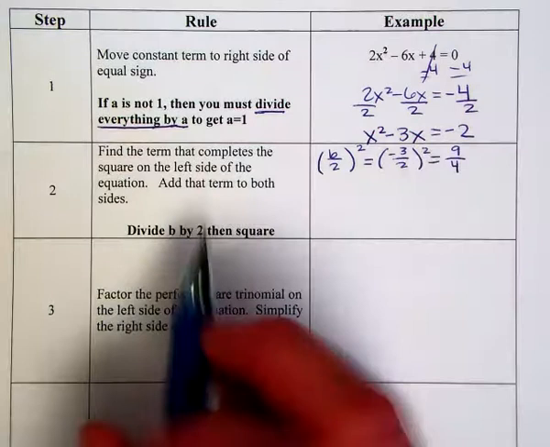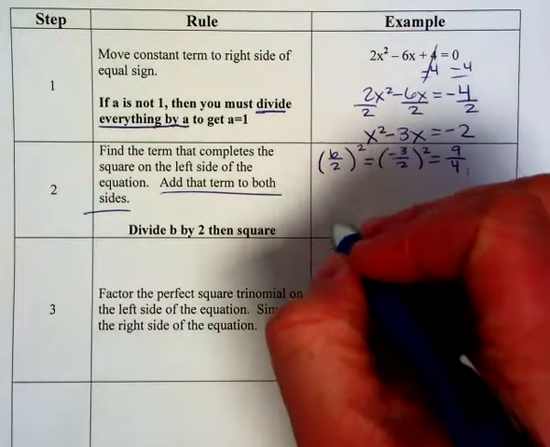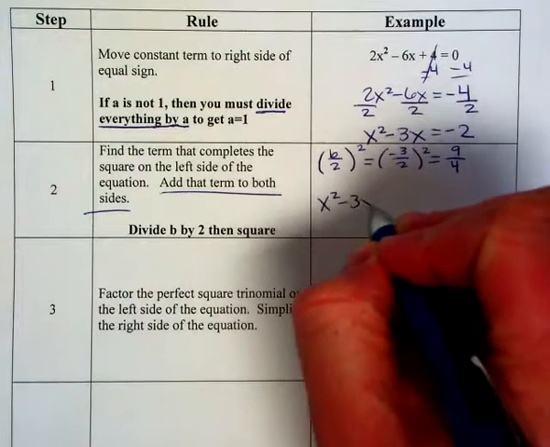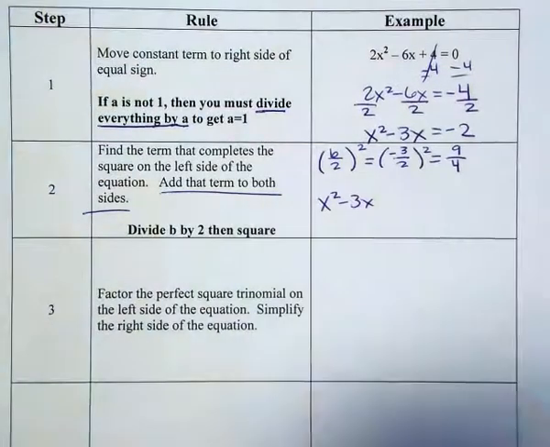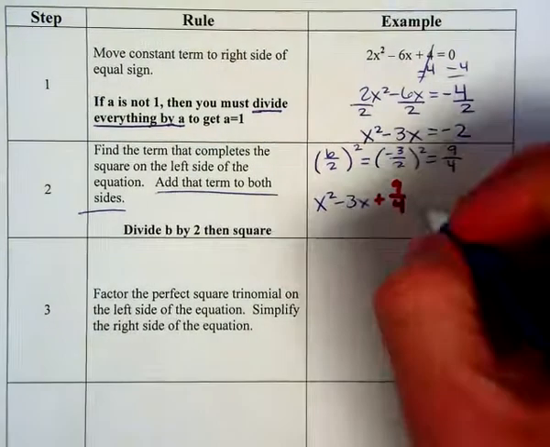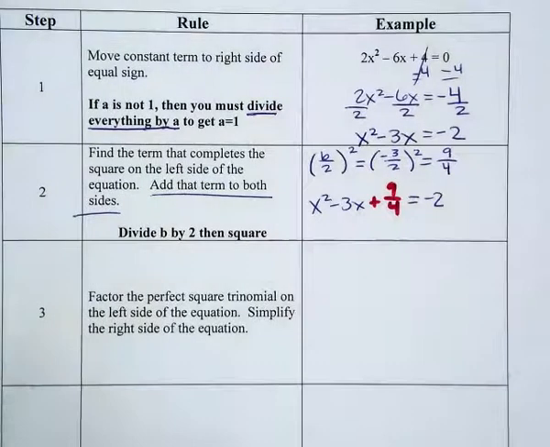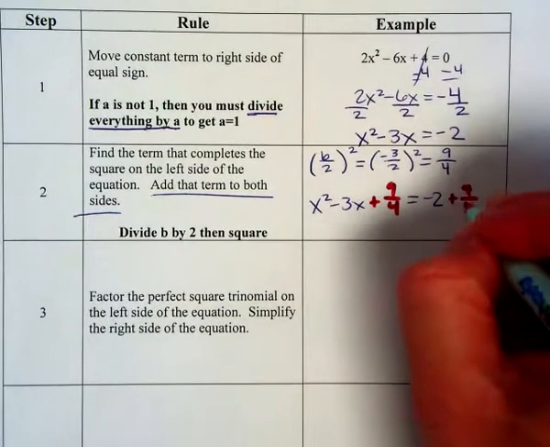First of all, let's do this. Add that term to both sides. So we had our equation up here, x squared minus 3x, but now we have to add 9/4 equals, and we had a negative 2, and again we're going to add 9/4.